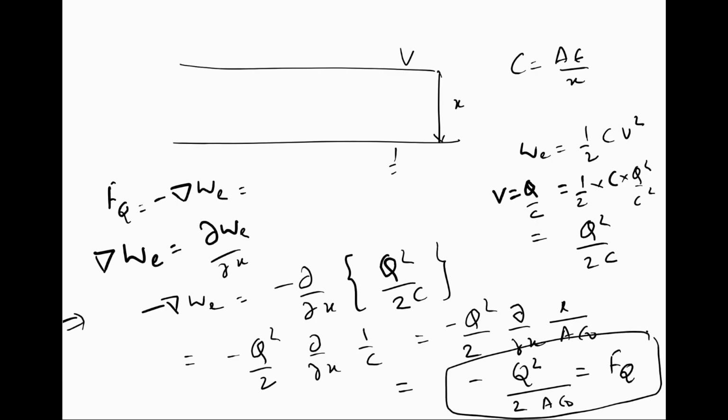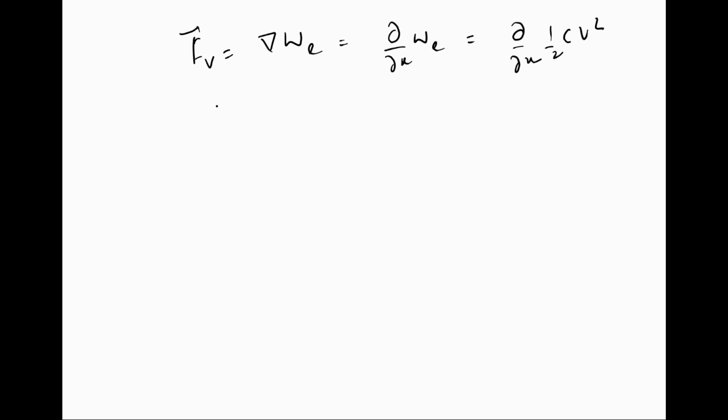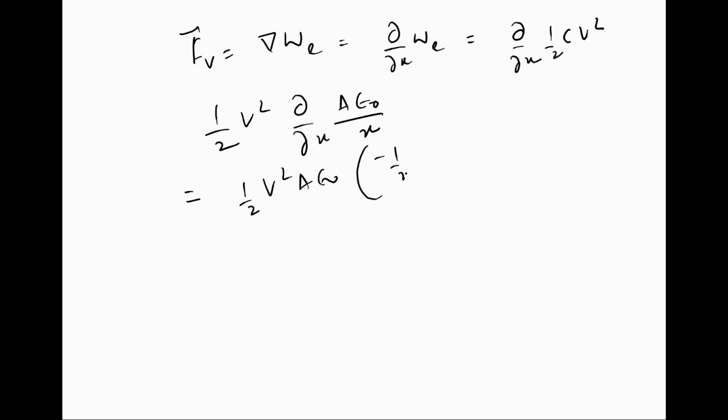Remember this. Now let us take a scenario when voltages are kept constant. So force when voltages are kept constant is delta WE. So delta WE is simply dou by dou x of half CV square. Since voltages are kept constant, we can bring it outside: dou by dou x of C, which is A epsilon naught by x. So it is half V square A epsilon naught into minus 1 by x square.